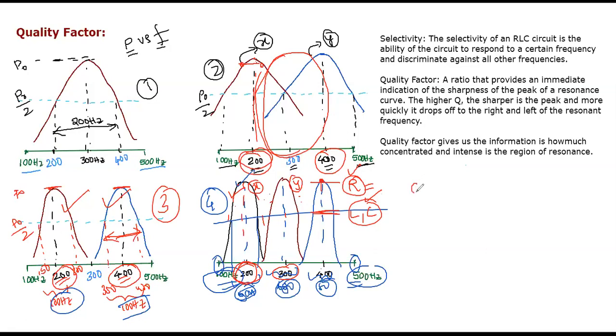Quality factor Q equals 2 pi into the maximum energy stored in either inductor or capacitor, divided by the average energy dissipated over a cycle in the resistor.